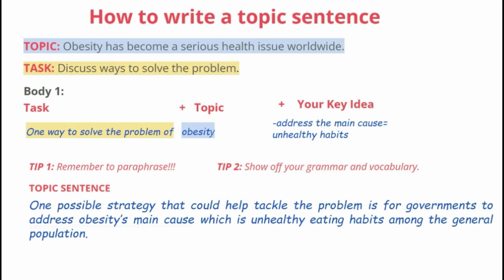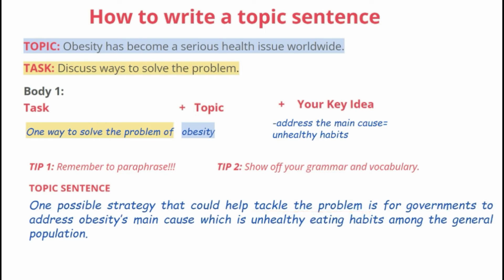Regarding vocabulary, as I already mentioned, I paraphrased and used the word strategy instead of the word way. And I also used the word tackle instead of solve the problem.